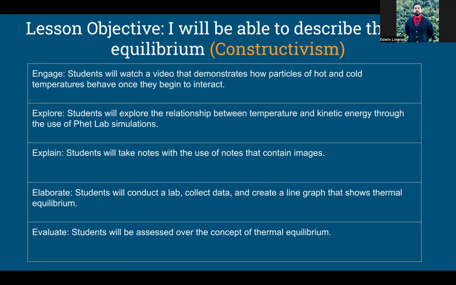In the explain phase, students will get notes that also contain images. In the elaborate phase, students will conduct a lab, collect data, and create a line graph that shows thermal equilibrium. In the last phase, students will be evaluated and assessed over the concept of thermal equilibrium.